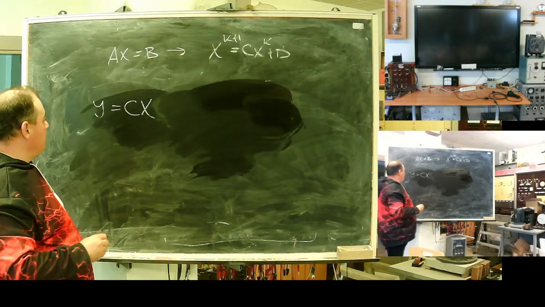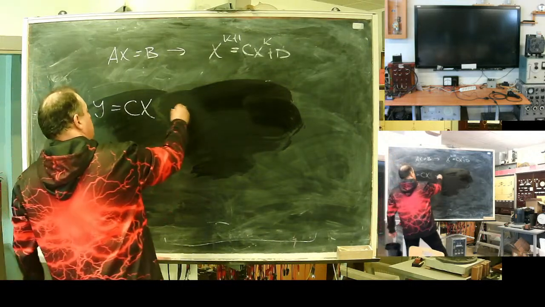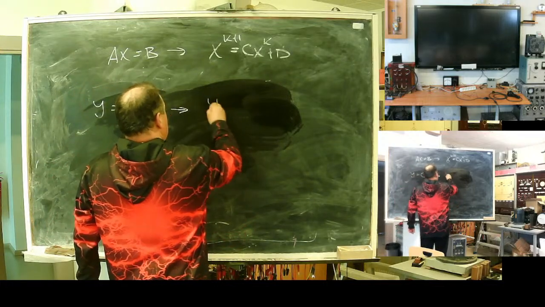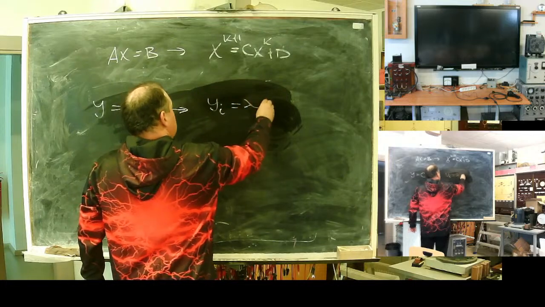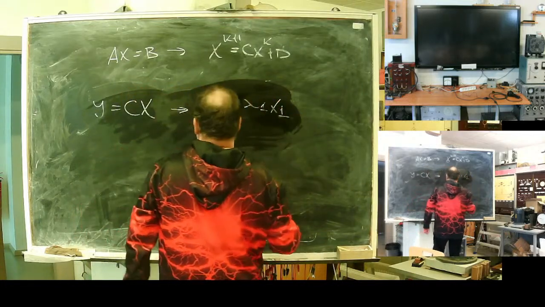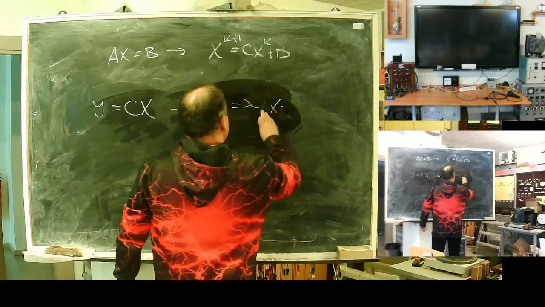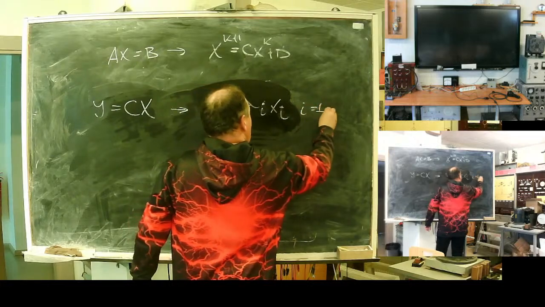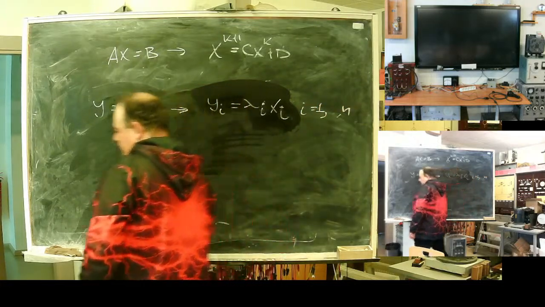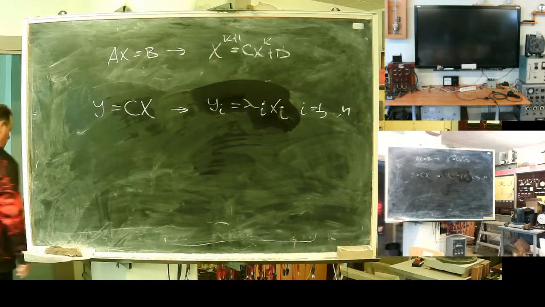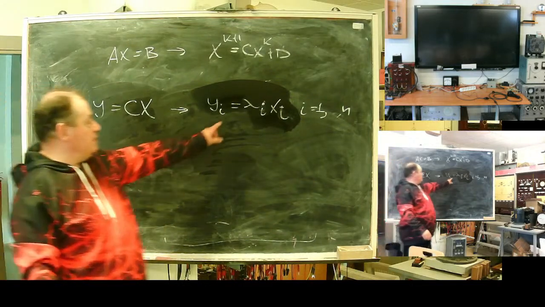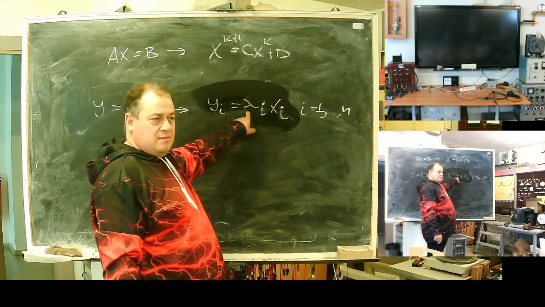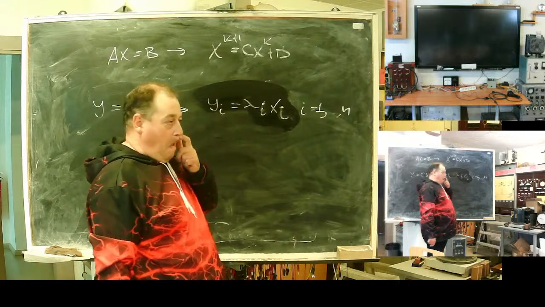What I can do as a trick is a substitution, where y_i is lambda_i x_i, for i from 1 to the number of equations. What's the name of such lambdas? Something familiar? Eigenvalues.